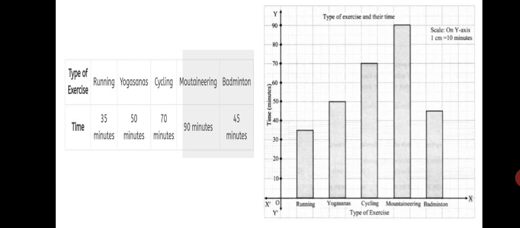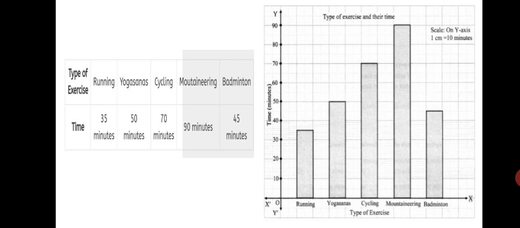And in the slant manner, write time is given in minutes on y-axis. So time bracket minutes. Once this is done, we have to write scale on right hand side corner without fail. It talks about the graph, what your bar stands for. So scale on y-axis 1 centimeter is equal to 10 minutes.